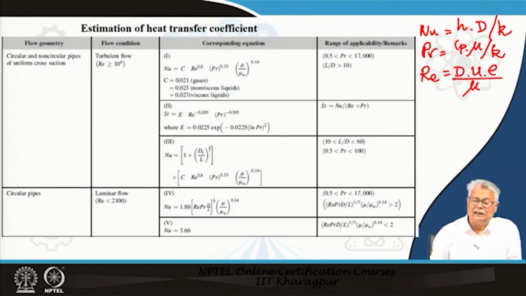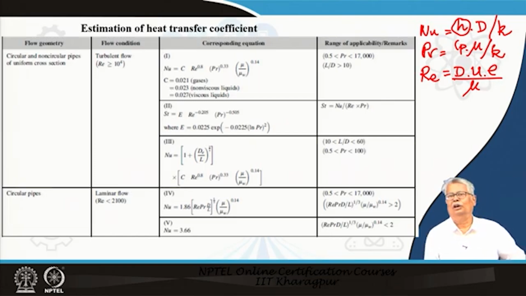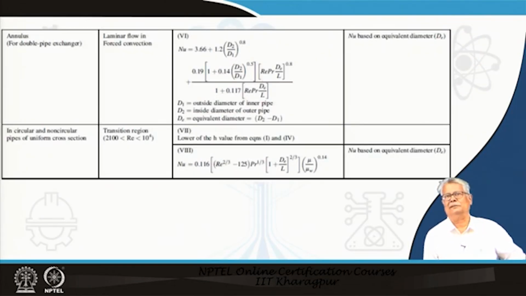So, you will find that the Nusselt number involves H. There are correlations which involve these three numbers, and when it depends on the length of the tube or another dimension capital L, which is typically the length of the tube, there are certain correlations for heating, cooling, turbulent flow, laminar flow, condensation and similar things.